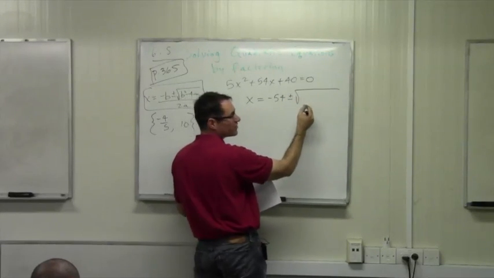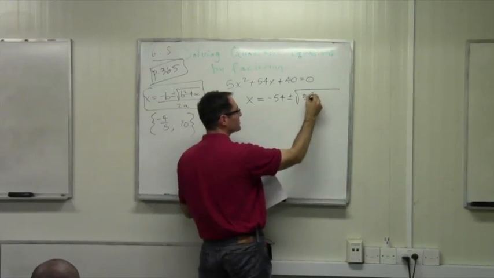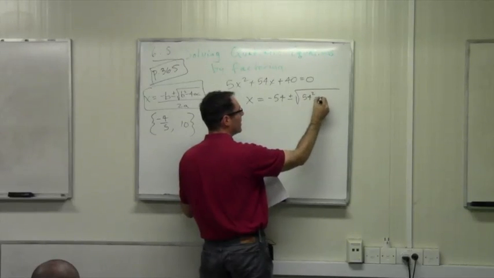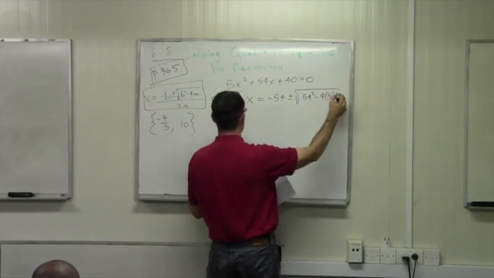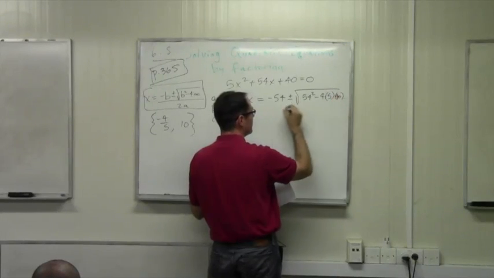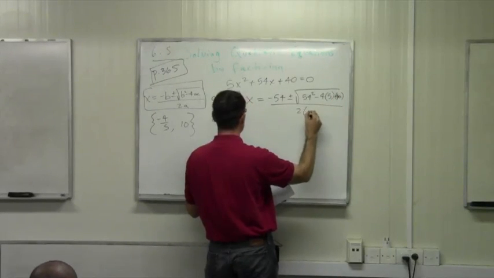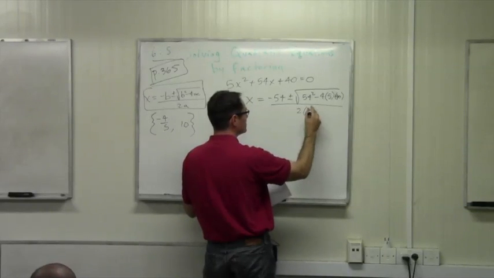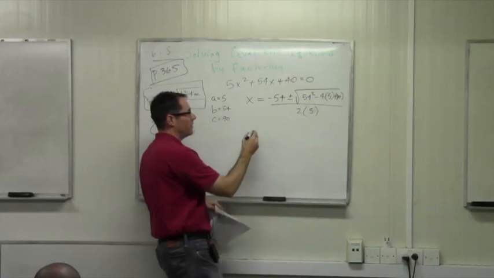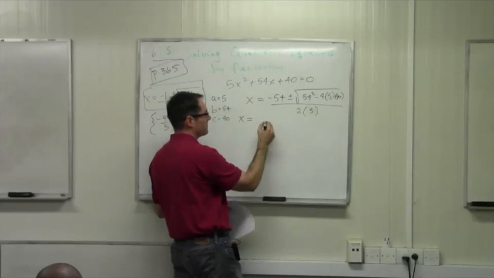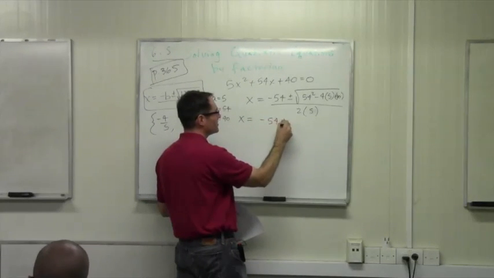b squared. You need your calculator for this. 54 squared minus 4 times 5 times 40. The whole thing divided by 2 times 5. Okay? All right. X equals negative 54 plus or minus.